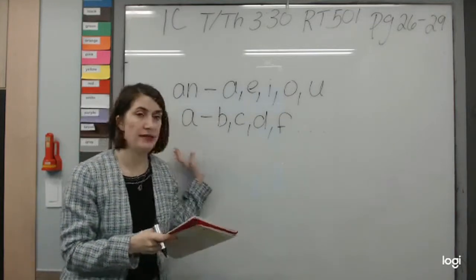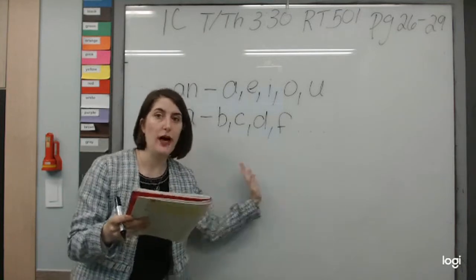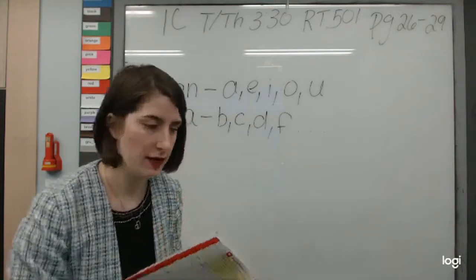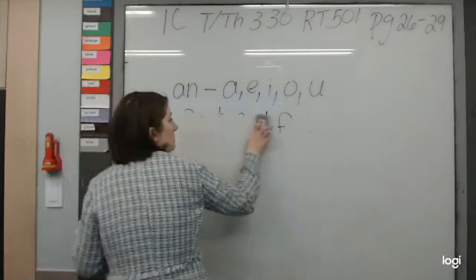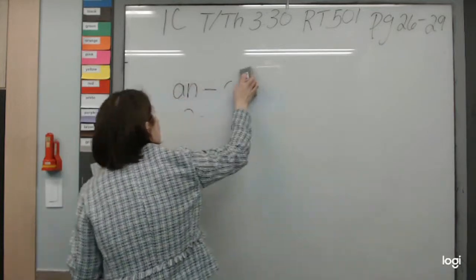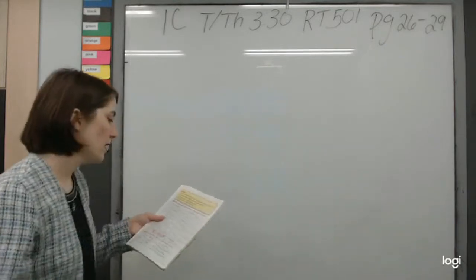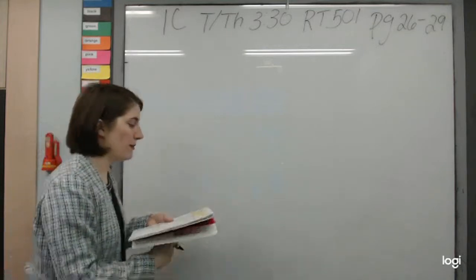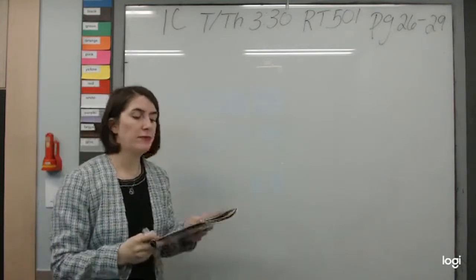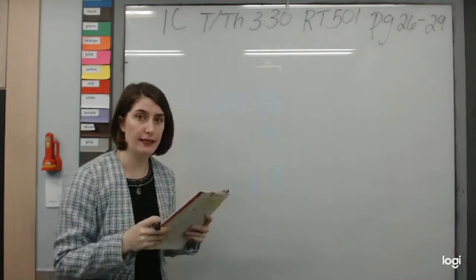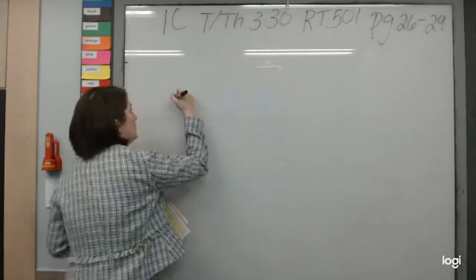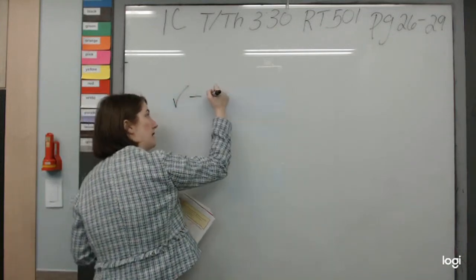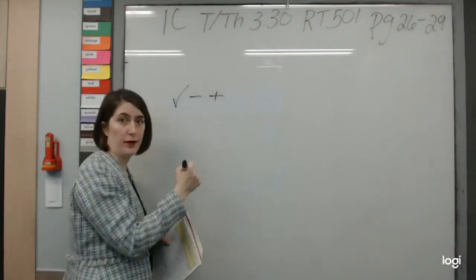Now, we are going to put this in front of jobs, what someone does, okay? So let's give it a try. So, for number 3, it says, look at the prompt. Write affirmative if it has a check. So if it's a check, you need to make it a positive statement, okay?